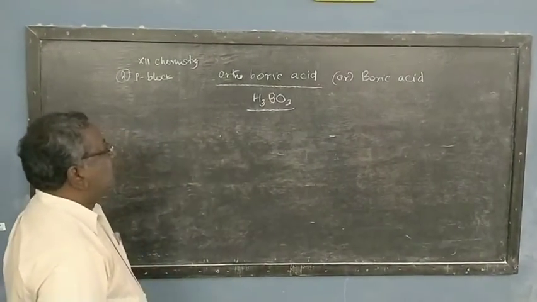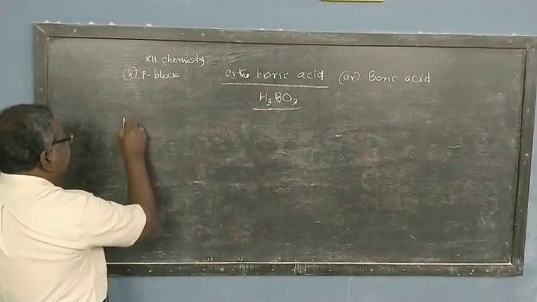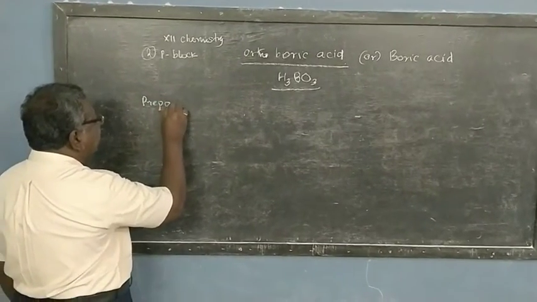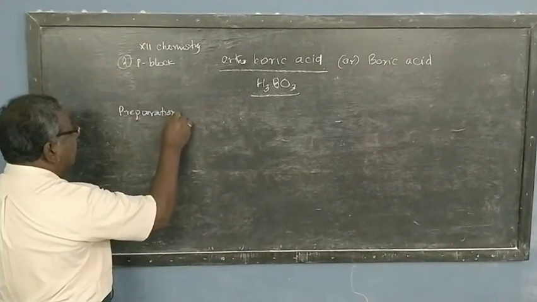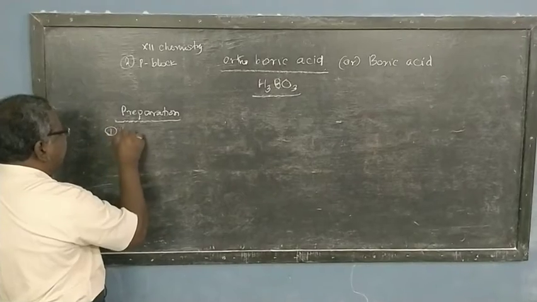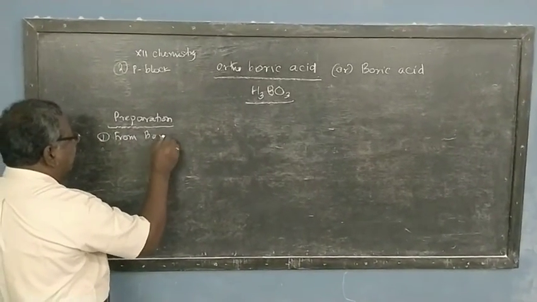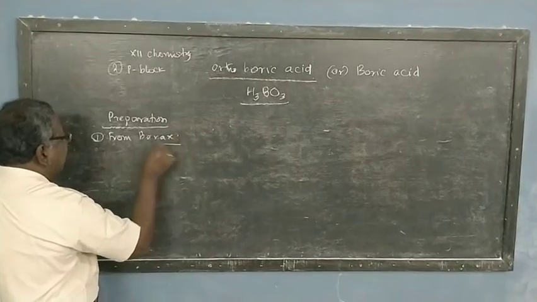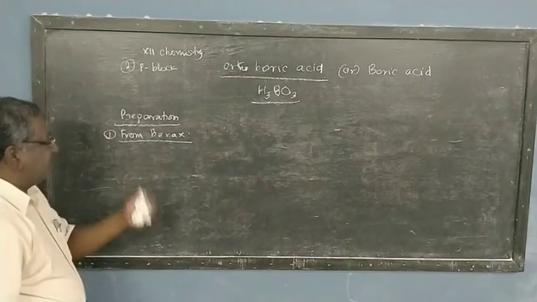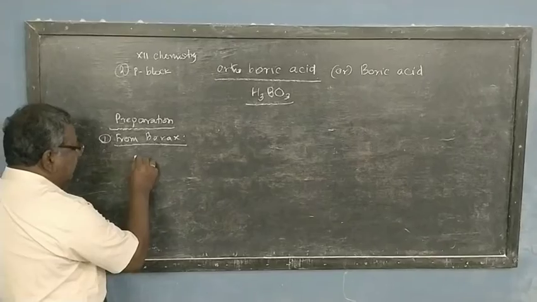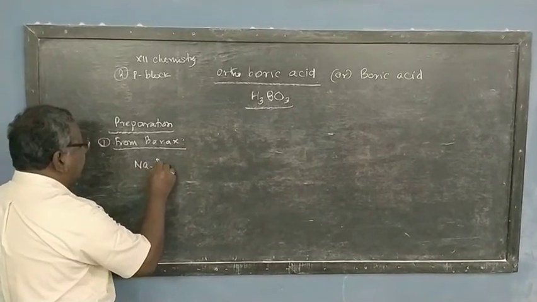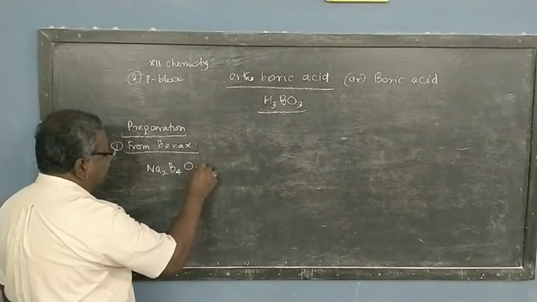Right? So its preparation is done by two methods. One is from borax. This equation is a repetition of what we have already done in the borax topic. Borax has the molecular formula Na2B4O7.